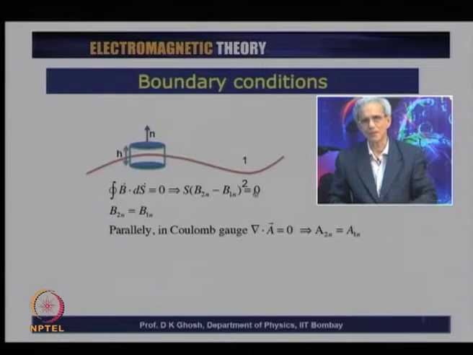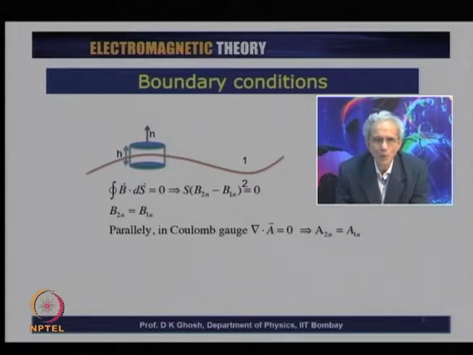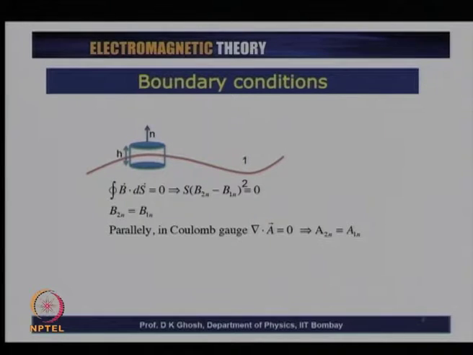So, this tells me that the normal component of B is continuous. So, B2n is equal to B1n.